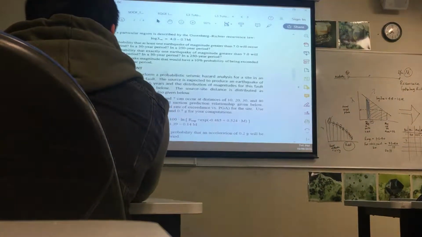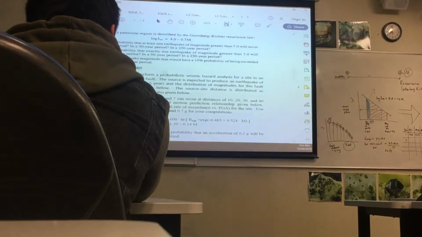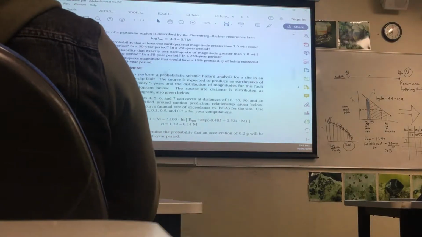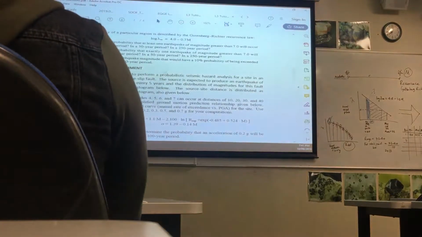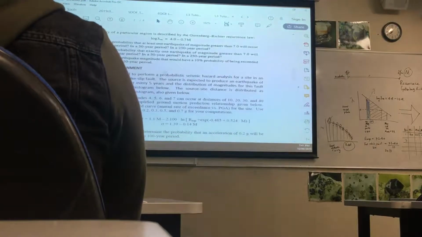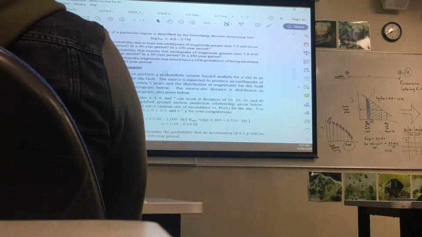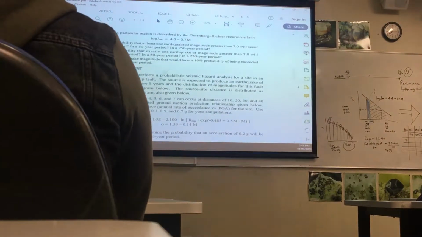So you're asked to perform a PSHA for a site with a single strike-slip fault. The source is expected to produce an earthquake of magnitude 4 or greater every 5 years. So that means this value, 4 or greater every 5 years. We're only interested in values of magnitude greater than 4.